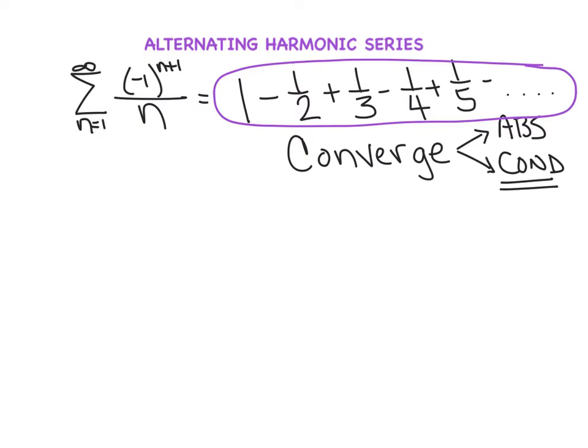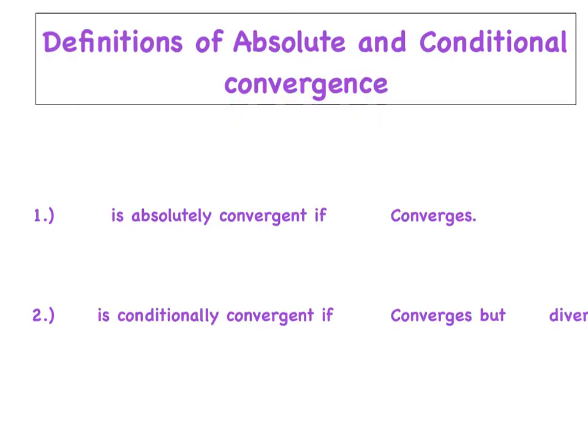If you were to change the order of these terms, you could create any sum that you want. So the fact that it converges based on the order we have them written means that the series converges conditionally. We're going to get into that a little more, and we'll give you some theorems to make this really clear cut.